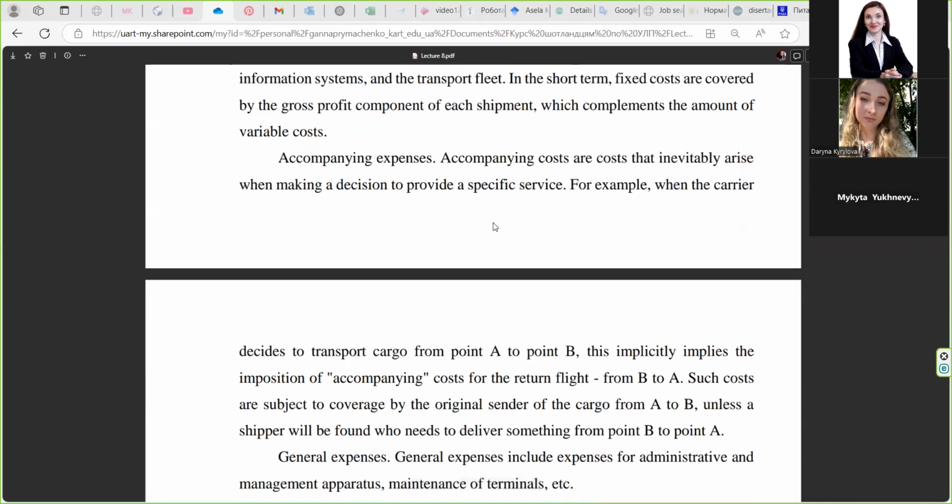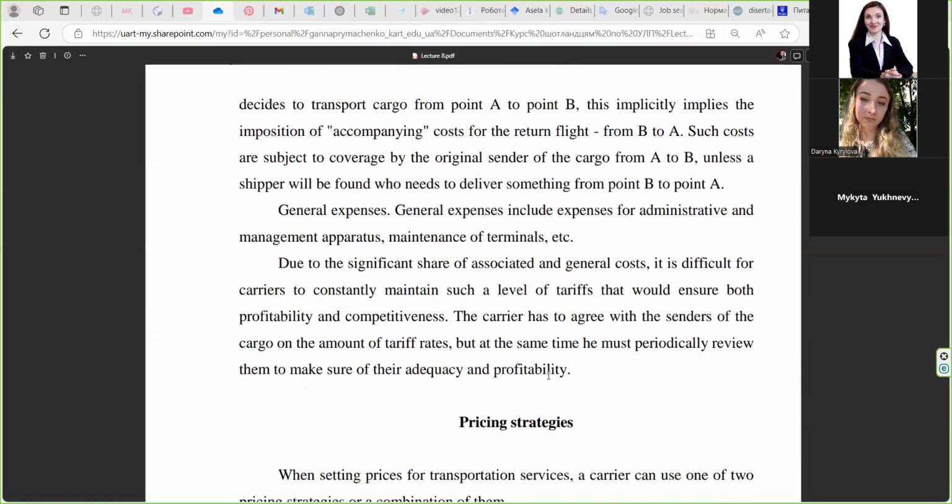For example, when the carrier decides to transport cargo from point A to point B, this implicitly implies accompanying costs for the return flight from B to A. Such costs are subject to coverage by the original sender of the cargo from A to B, unless a shipper is found who needs to deliver something from point B to point A. If that is possible, it's very good because we could use this for something helpful.